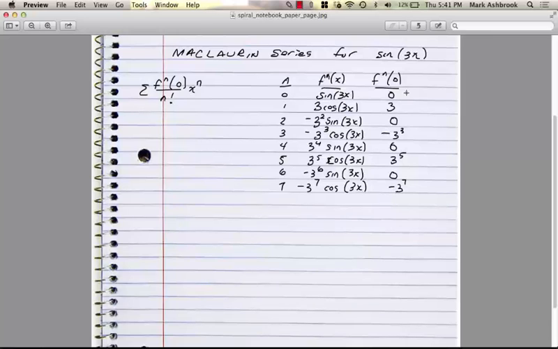And so what happens with sine and cosine is that in this case you're only going to get the terms where n is odd. All the terms where n is even are just going to go away, because that's going to be 0. Okay, so we're going to write sine of 3x equals.